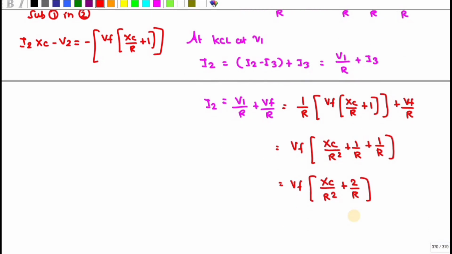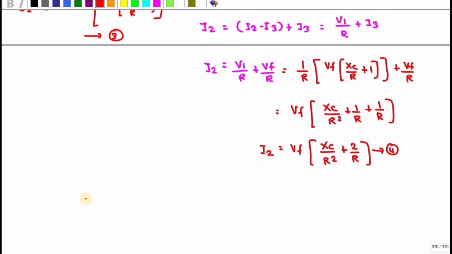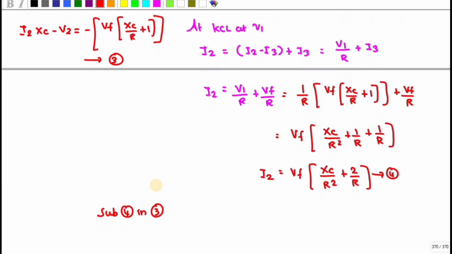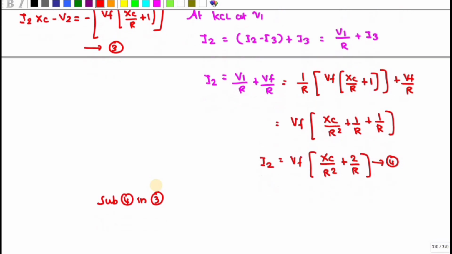So now this is my I2, right? This is my third equation, this is my fourth equation. So you substitute 4 in 3. Now I can write V2. What is V2? V2 is equal to I2 XC plus Vf into XC by R plus 1.